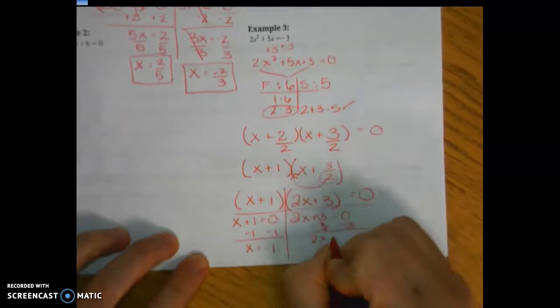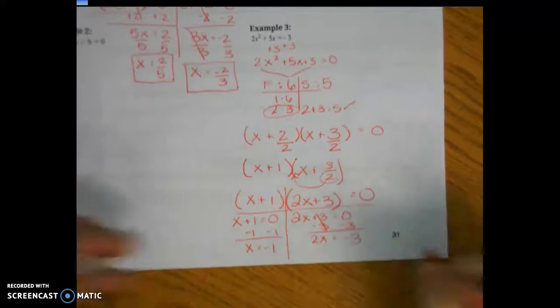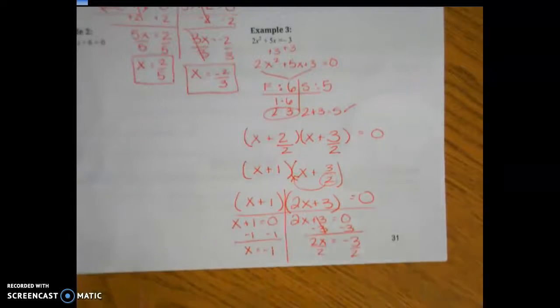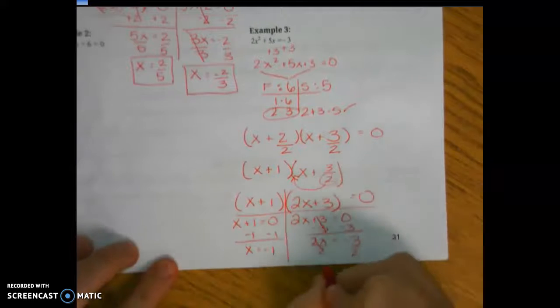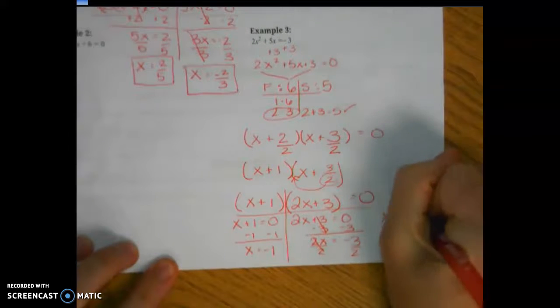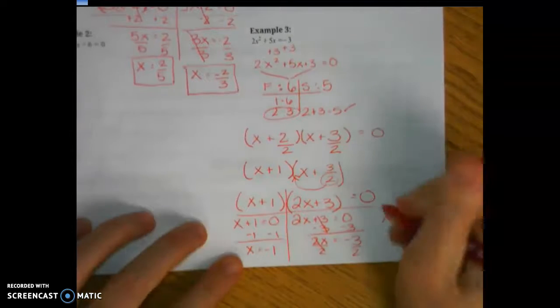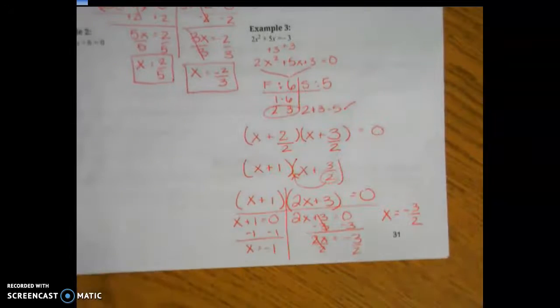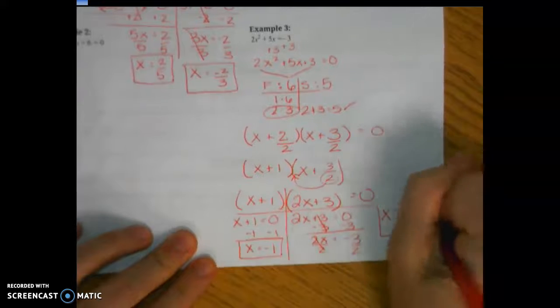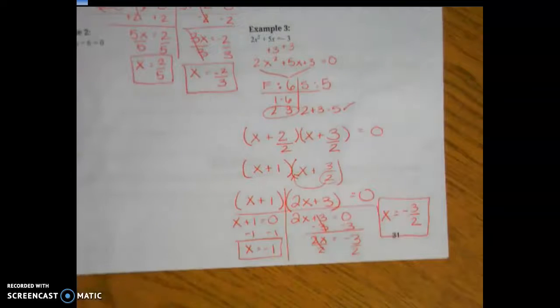I have 2x equals negative 3. Divide both sides by 2, and I get another fraction. So I'll put my answer over here. x equals negative 3 over 2. So I have 2 solutions to this equation. x equals negative 1 and x equals negative 3 over 2.